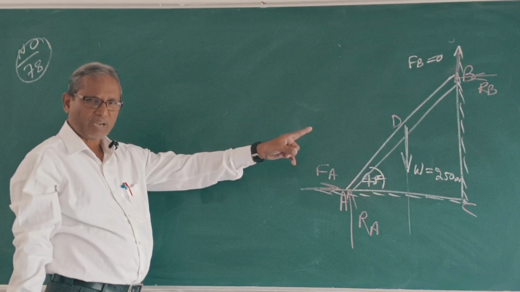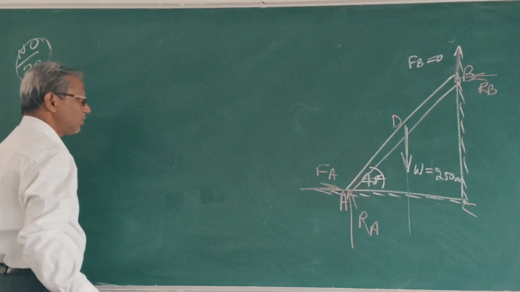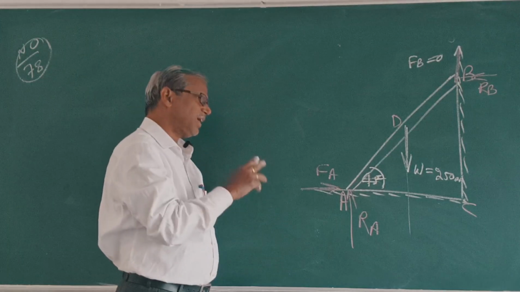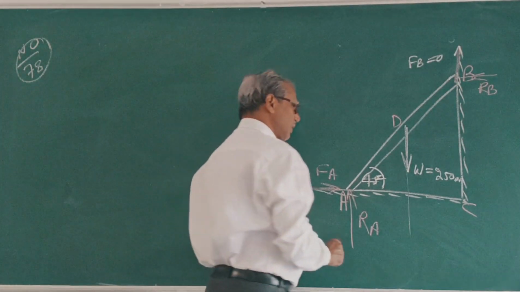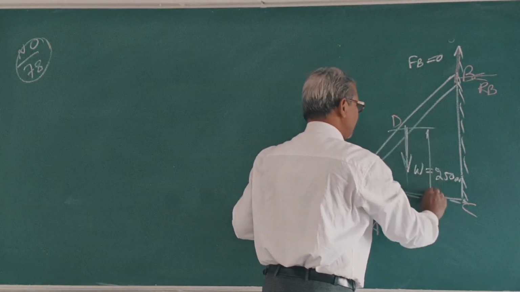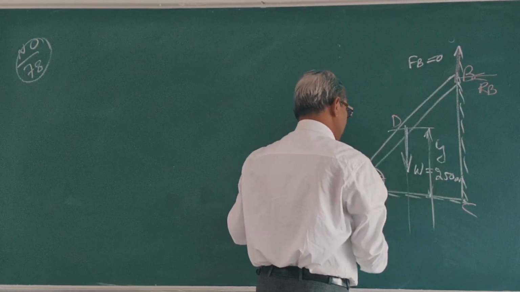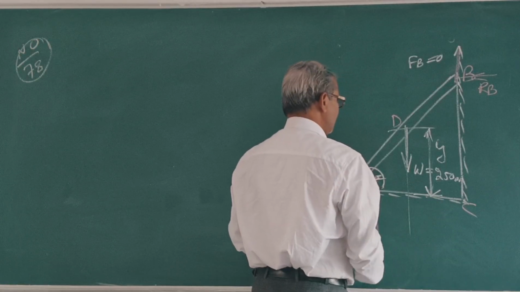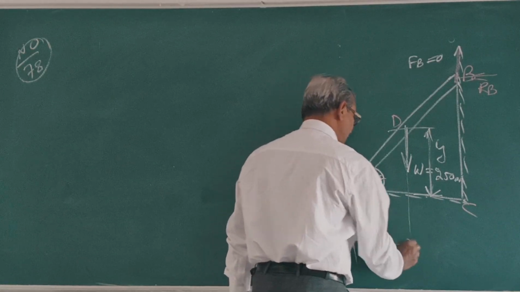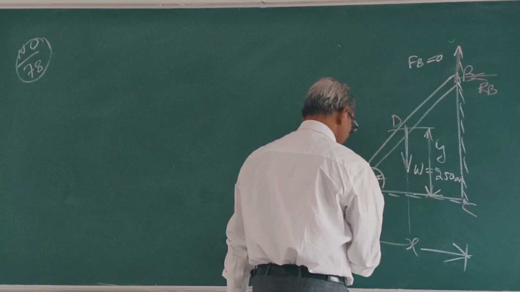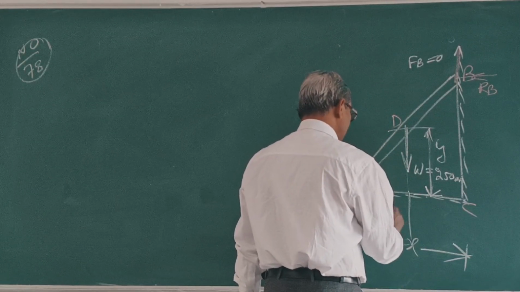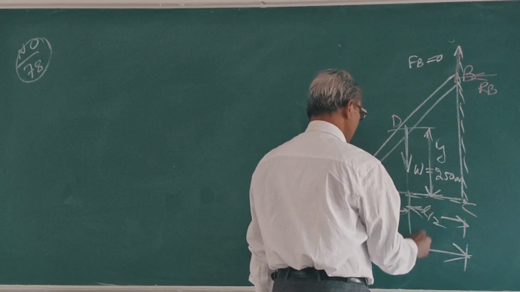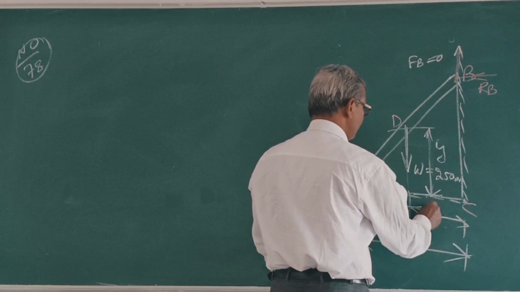Clear? Only work will be done by FA and W. Suppose this distance is Y, and this distance is X. Clear? What distance? X by 2.